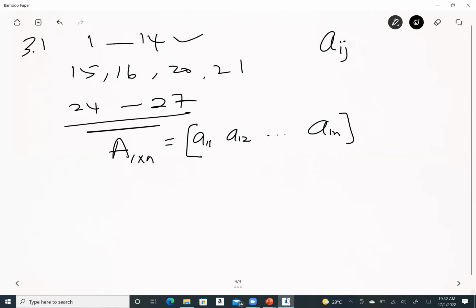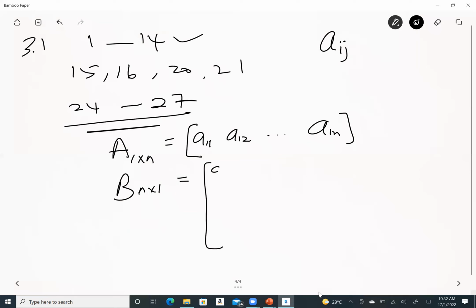Okay, and then suddenly for the column matrix, you don't have the row, you have just the column. So for the row matrix will be what? Will be n by 1, because they say you must have the same number of elements, same number of elements. So you got Bn1, and that will be equal to what?